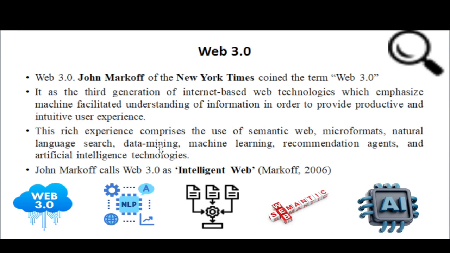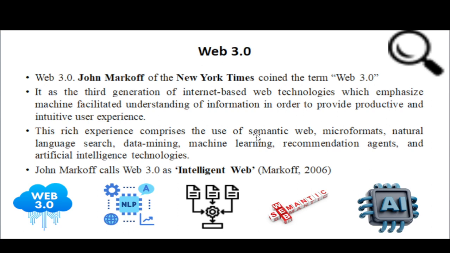This rich experience comprises the use of semantic web, microformats, natural language search, data mining, machine learning, recommendation agents, and artificial intelligence technologies. So let's discuss one by one the features of this Web 3.0, that is, the technology used. The semantic web enhances the web by enabling machines to understand and interpret the meaning of data.